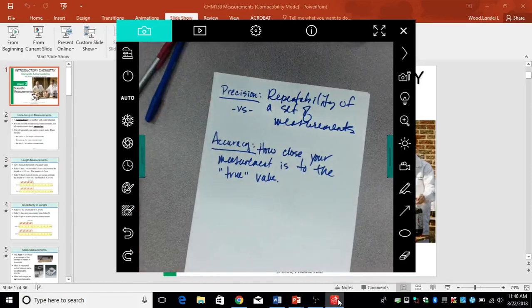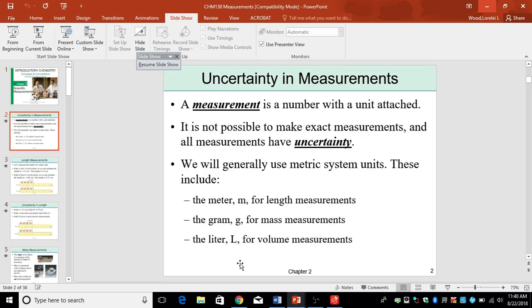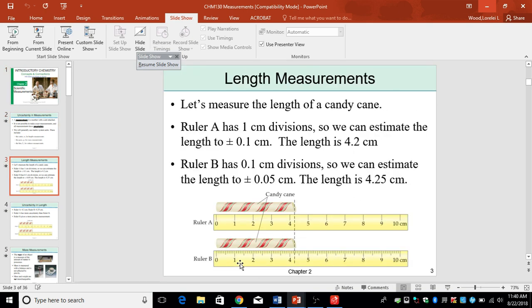All right, so for example, if I gave everybody that candy cane to measure, let me go back to our PowerPoint here. I gave everybody that candy cane on the screen to measure. And we use the first ruler here.